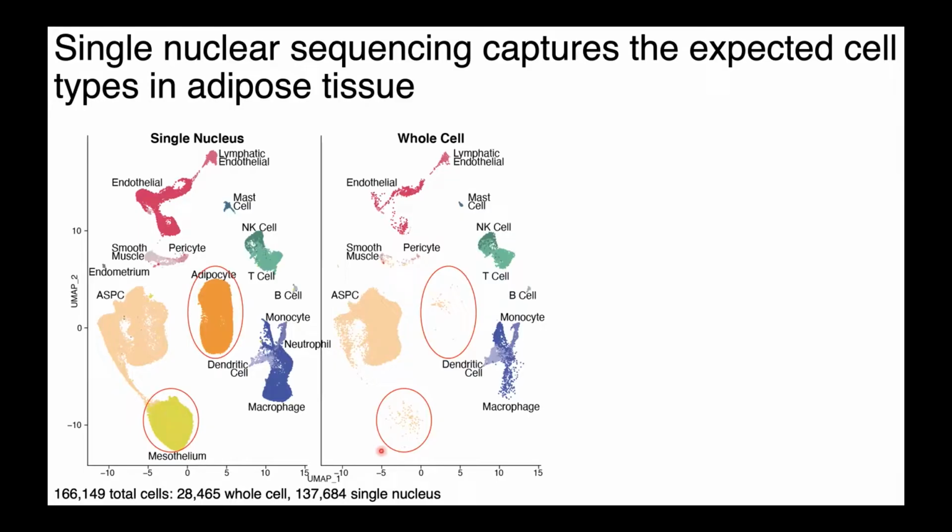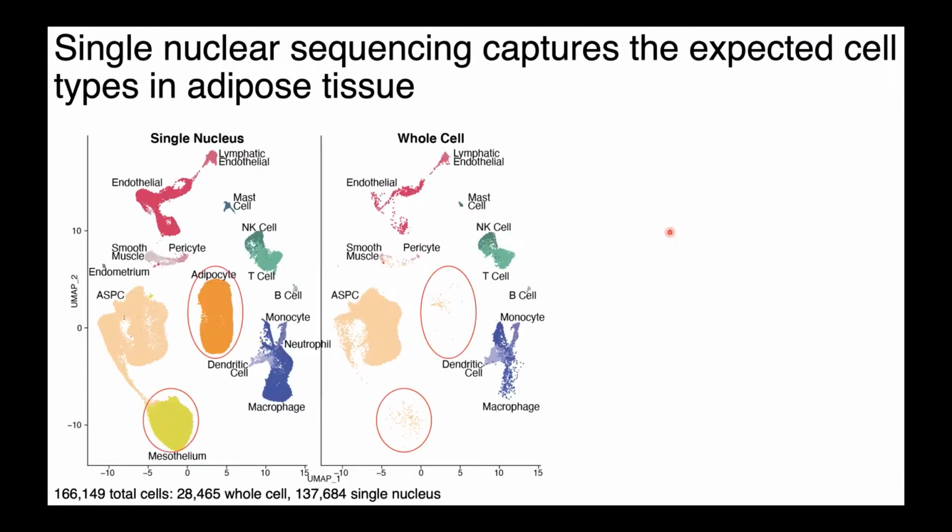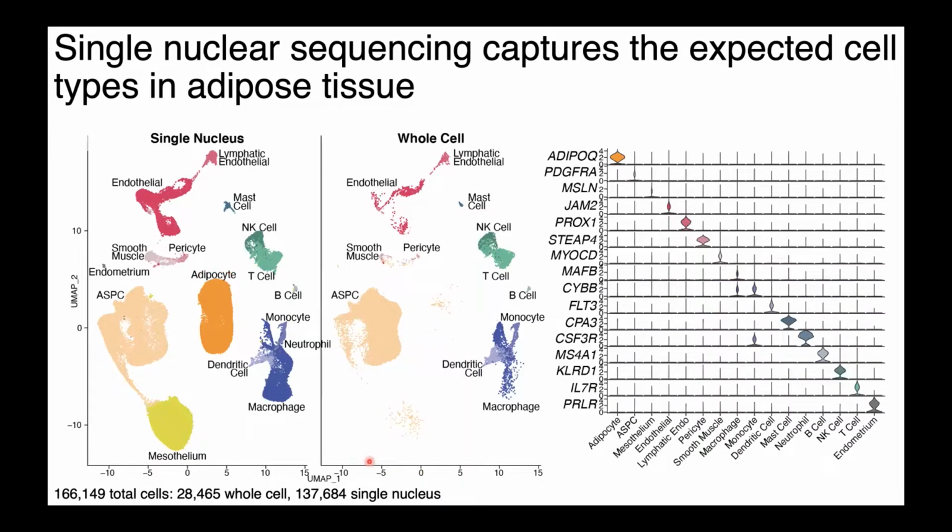This actually isn't so much to do with the change in modality, but because, like I said before, we were able to get visceral samples in our single nuclear data set. The mesothelial layer is a layer that forms on visceral organs, and so it's only present on the visceral, not the subcutaneous adipose tissue. Here I just have marker genes for these different populations that we identified in the adipose tissue, and I will get into subpopulations of these larger populations in a bit.